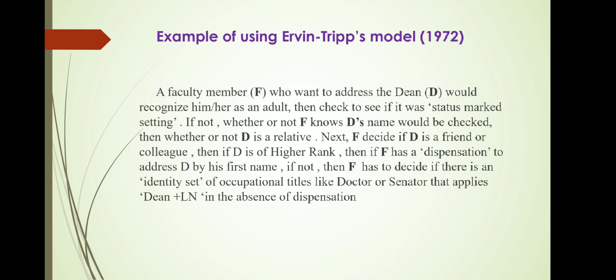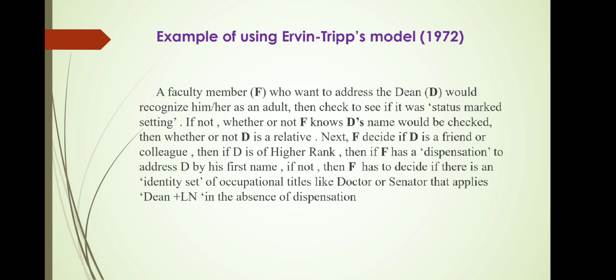Then check to see if there is a status marked setting, like a formal faculty meeting, for instance. If not, F will see whether or not F knows D's name.